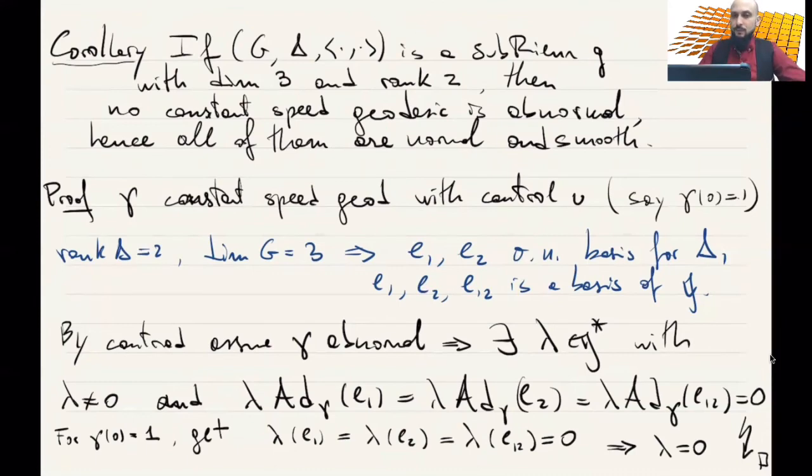Okay, now this was what I wanted to say for the abnormal case. Let's go back to the normal case. I want to tell you something more. So back to the normal case and in rank 2.